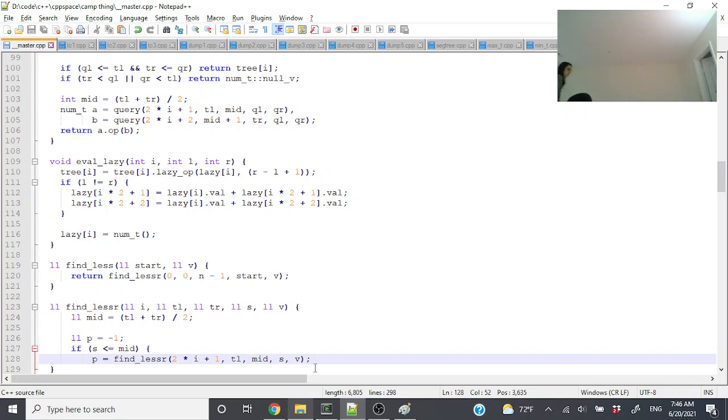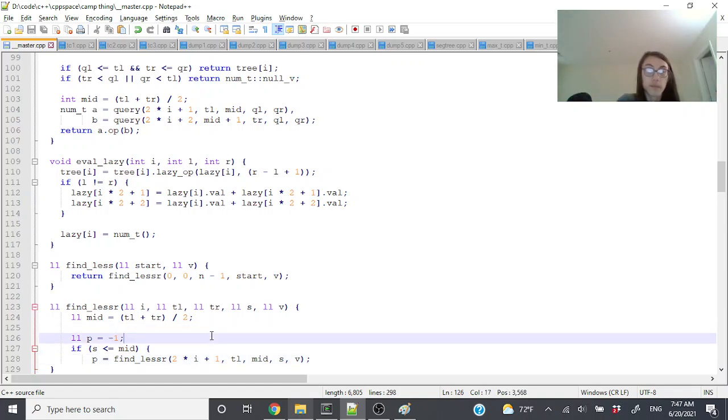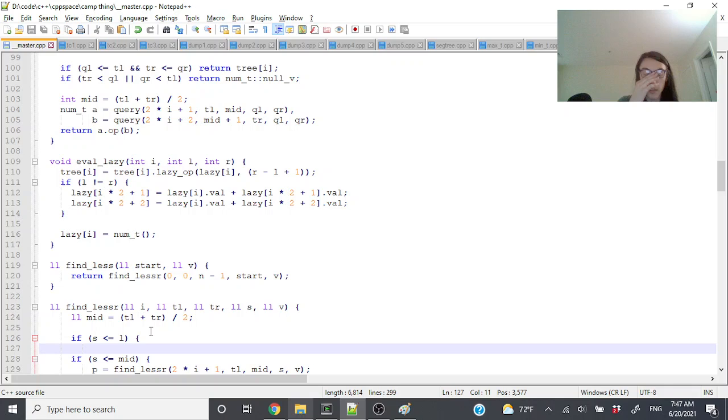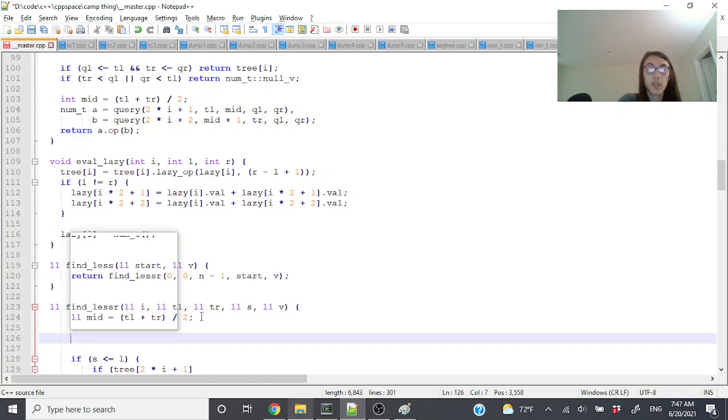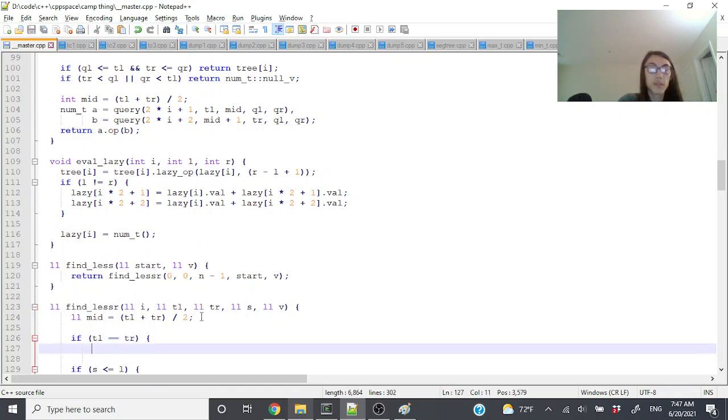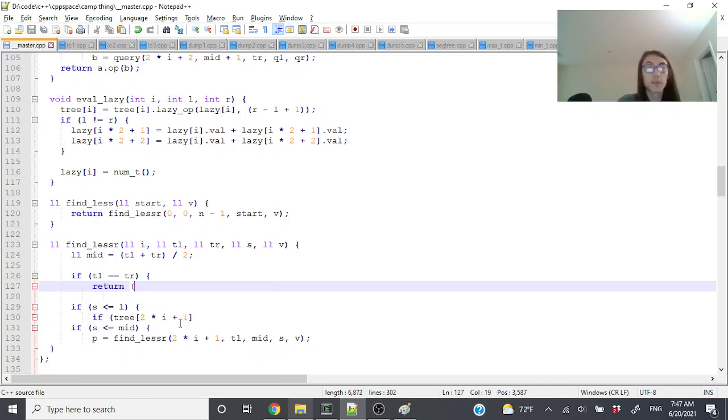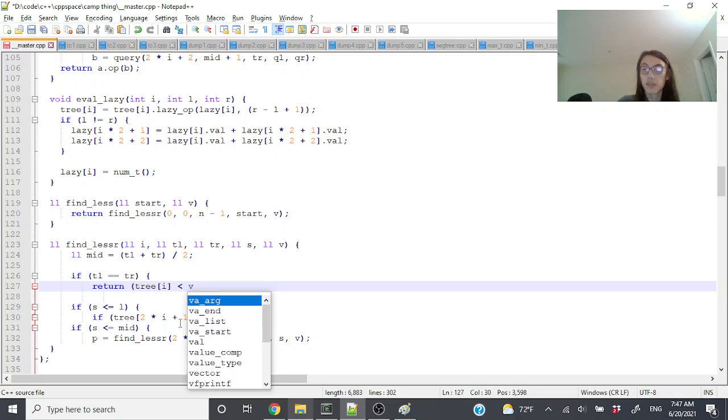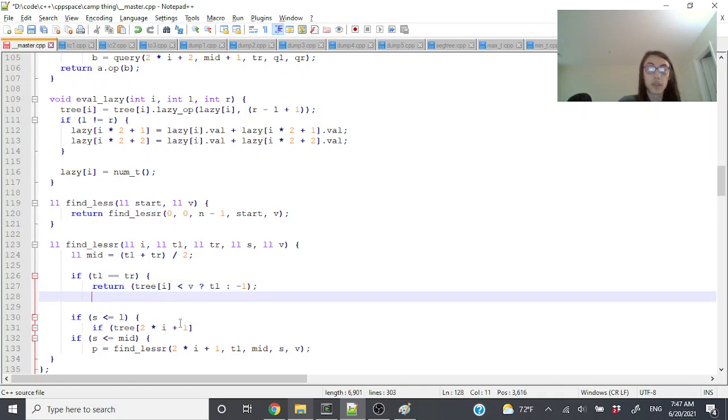Right, there are some more fixes in this. So it completely covers the left side. If s is less than or equal to l, then it completely covers the left side. So if tree[2 times i plus 1], actually also, if tl is equal to tr, return tree[i] is less than v, then return tl, otherwise -1.